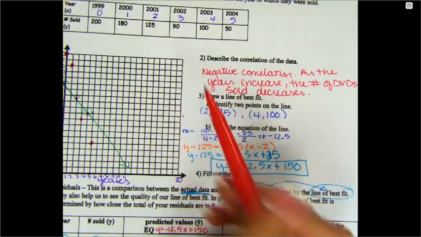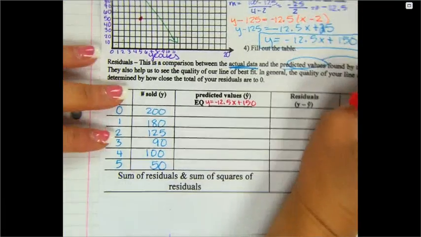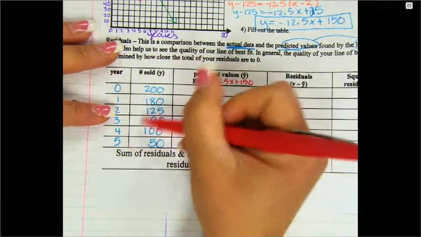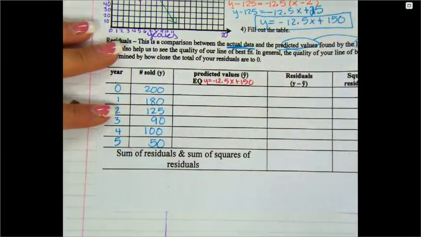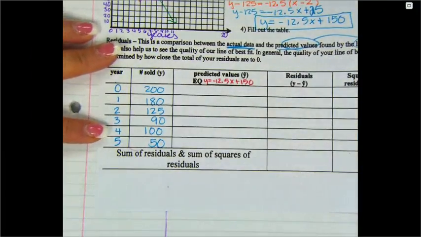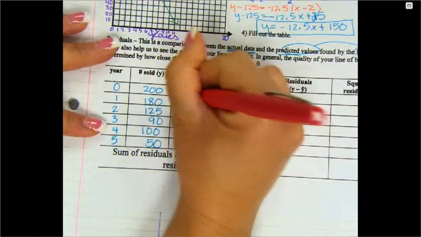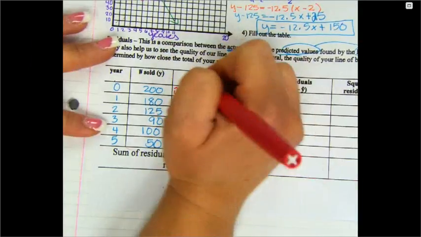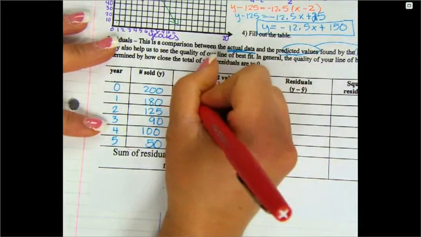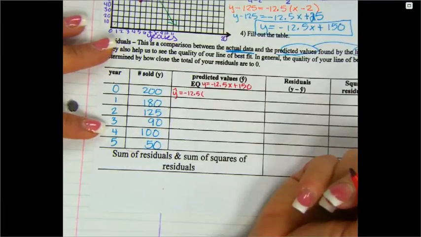Okay? Now what you're going to do is take this and plug it into this, for X. You're going to say Y hat equals, and then negative 12.5 times what's your X?